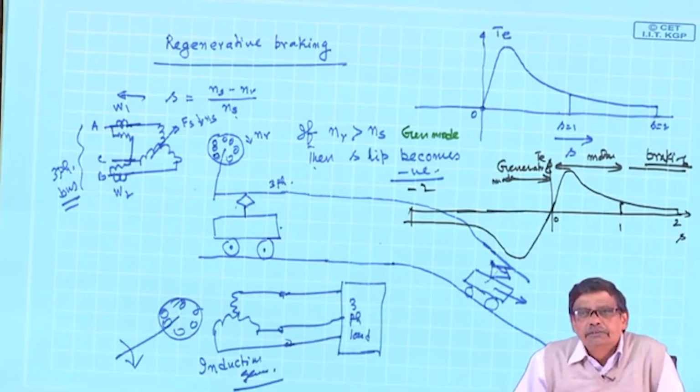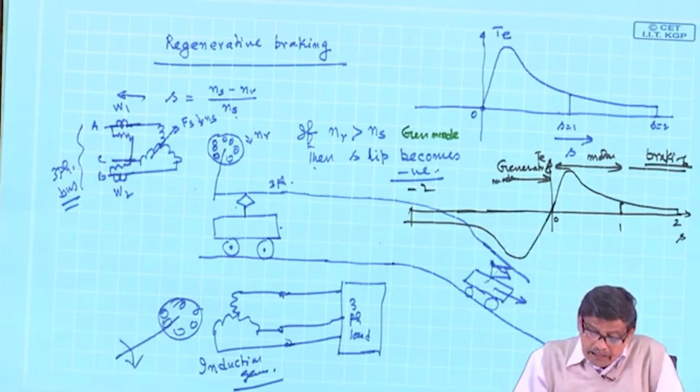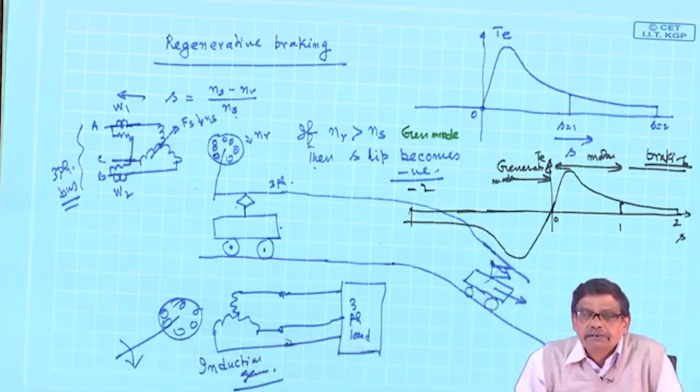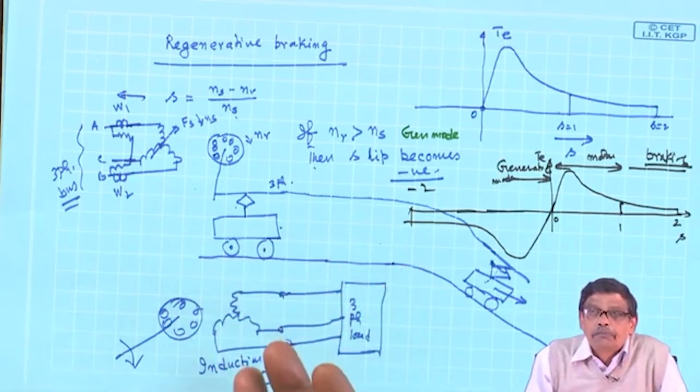Remember that induction machine is a singly excited machine, is not? You give only supply to stator, no other supply is necessary. Therefore, to create the flux in the machine, that magnetizing current source must be provided.